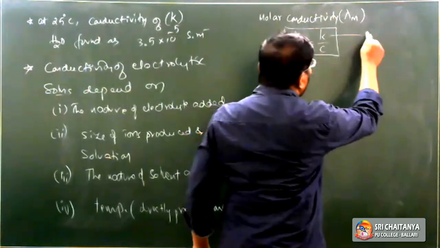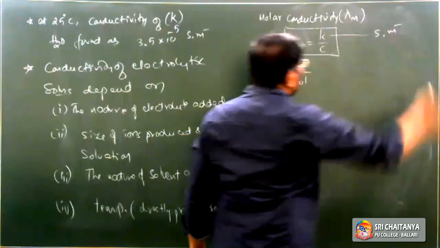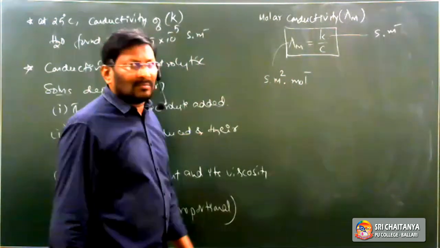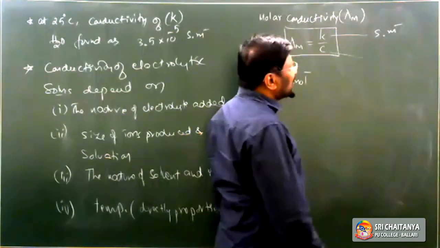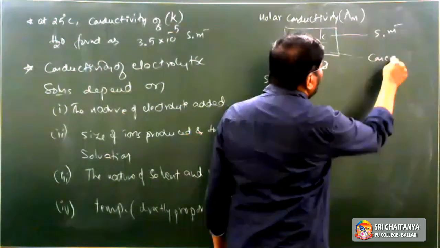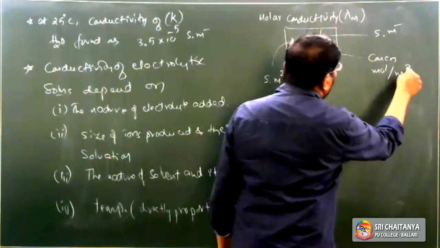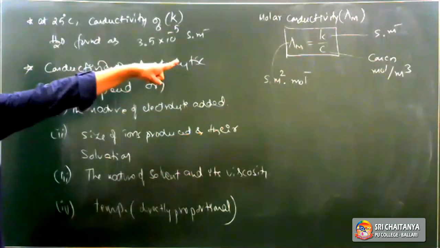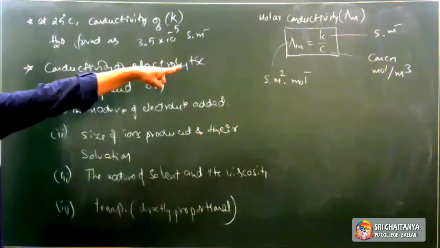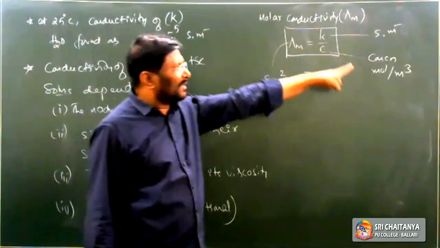Next, K is Siemens per meter. Next, concentration is moles per meter cubed. In that way you should take.